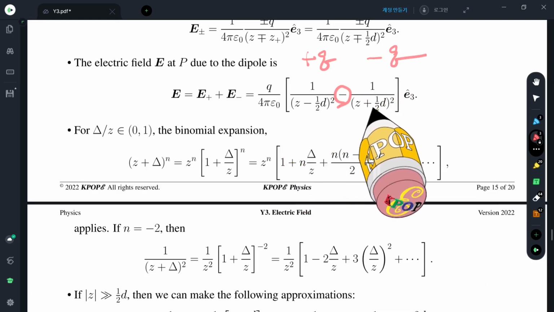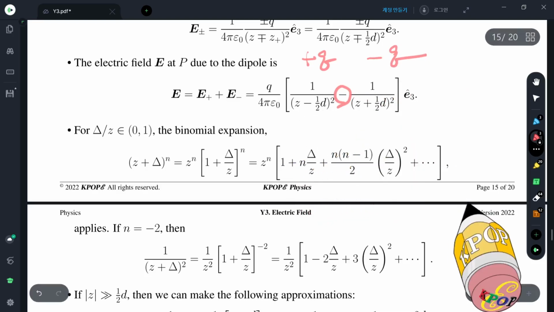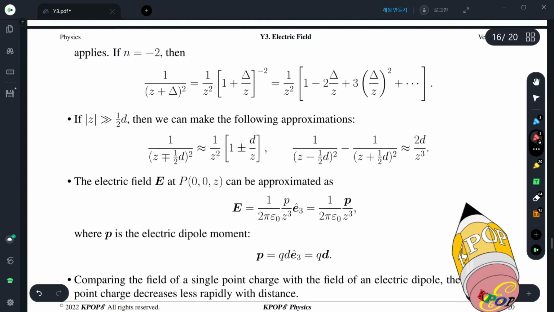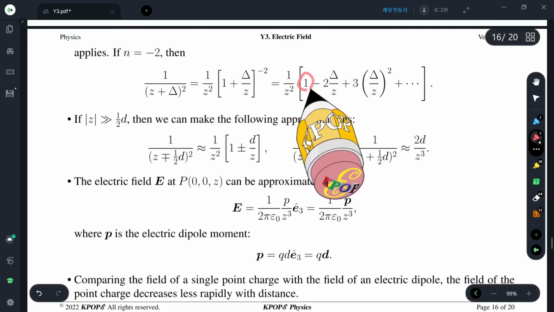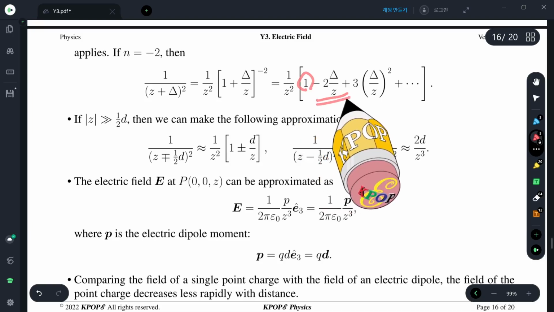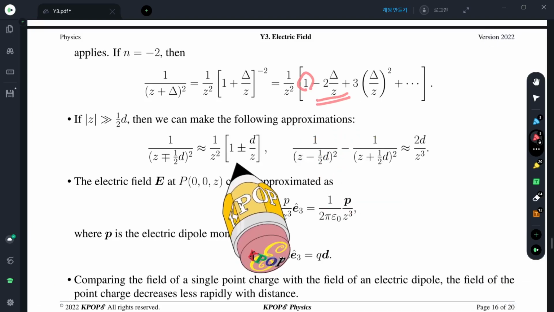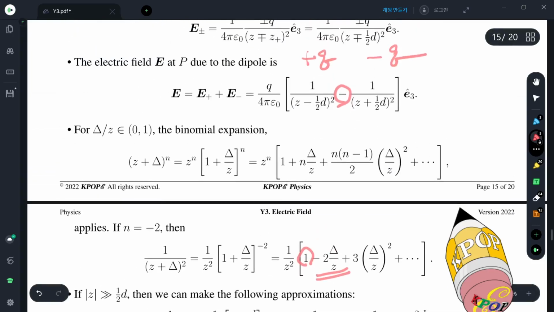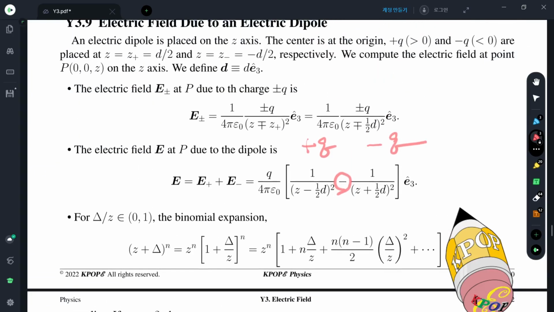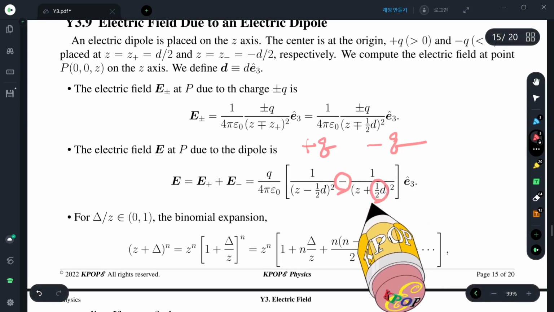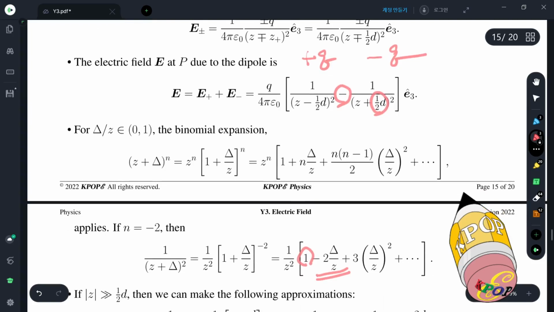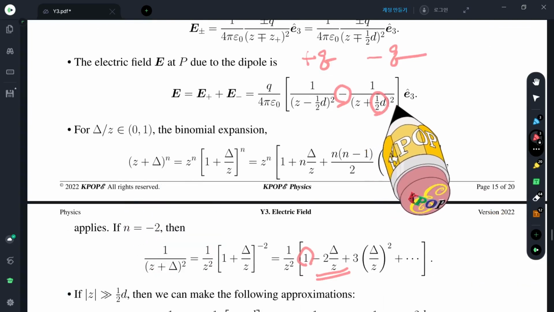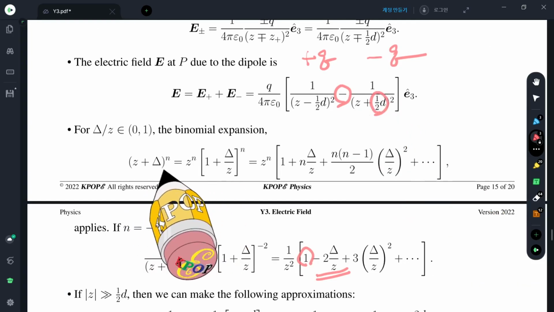At leading order in z, that cancels exactly. In the difference, that is the subleading order contribution. What is delta? Delta is this one, z plus delta. One half of d is assumed to be the delta.